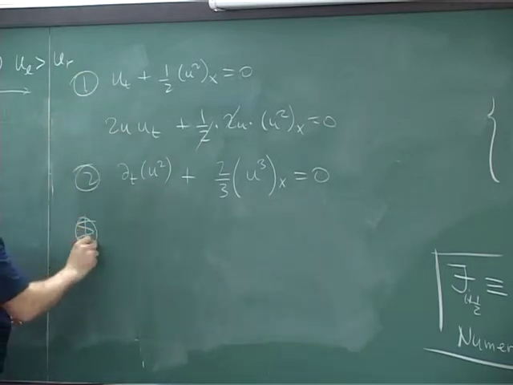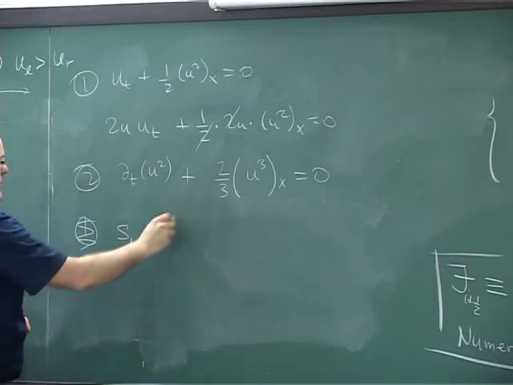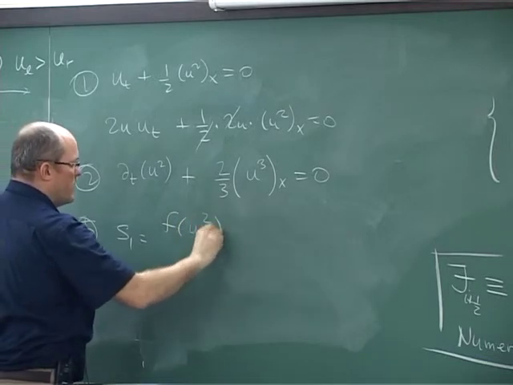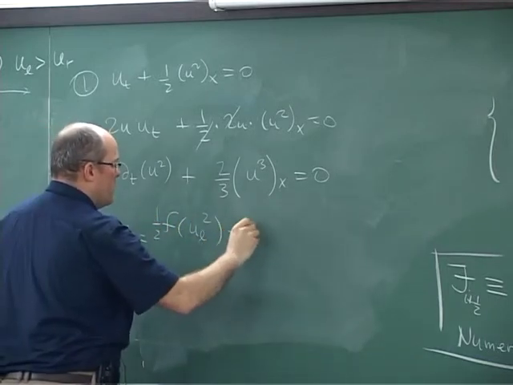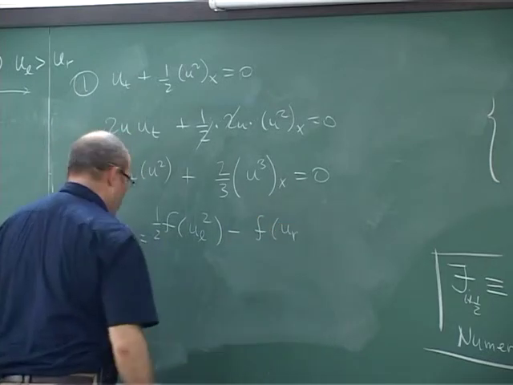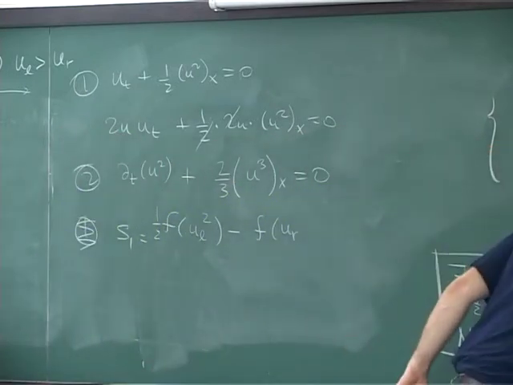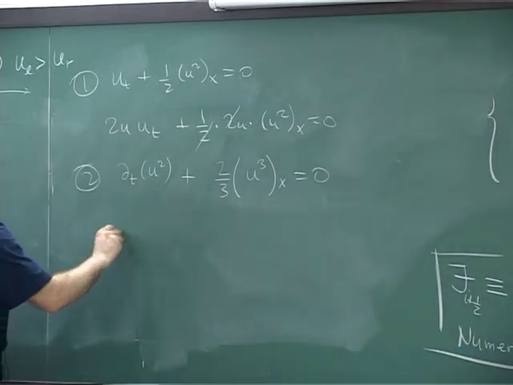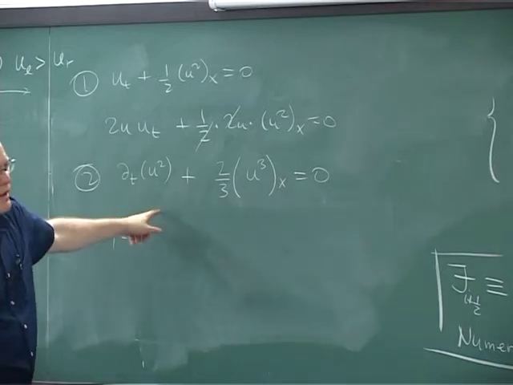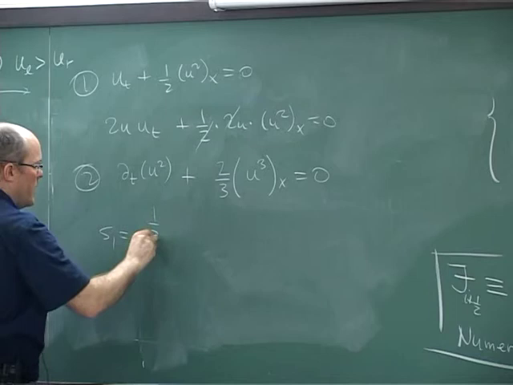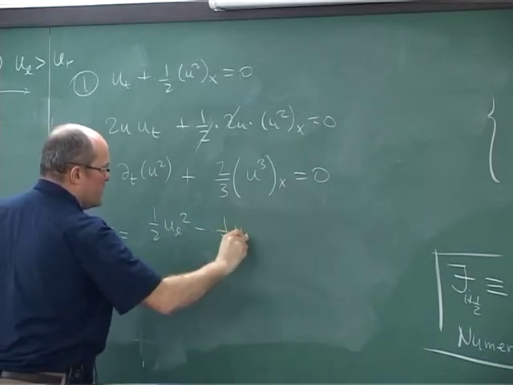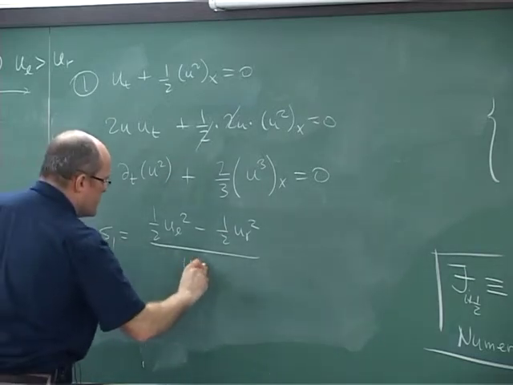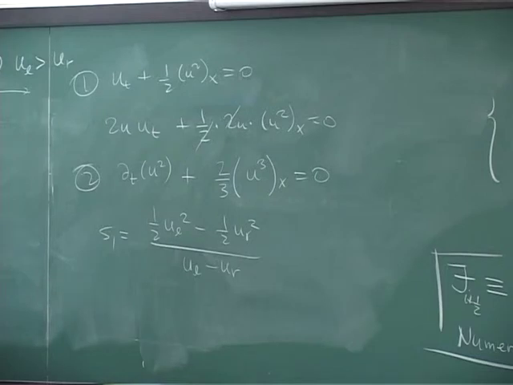The shock speed for number 1 is the flux on the left side minus the flux on the right side, which is 1/2 ul squared minus 1/2 ur squared. Then the denominator is the solution on the left minus the solution on the right.